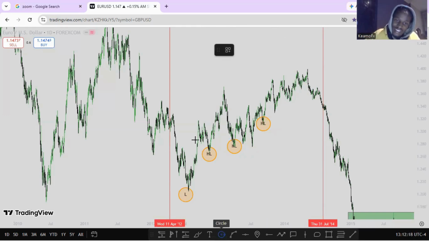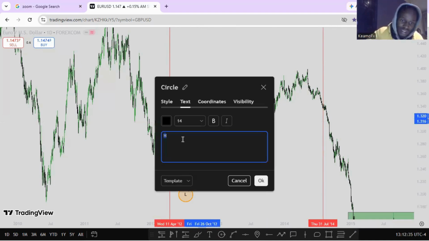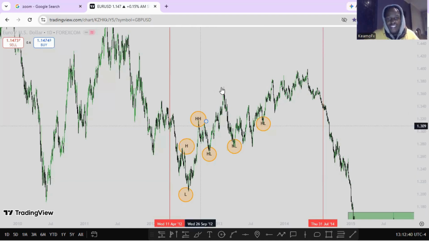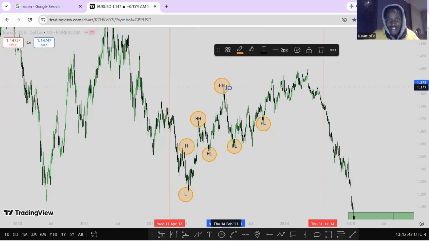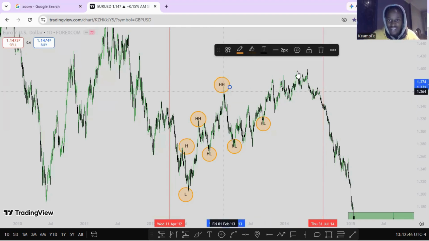Where's the higher highs? So here's the high, marking it as H, right? Where's the next high that's higher than the current one that we are viewing? It's right here. And then we're going to label this one as higher high. Okay. Where's the next one? Higher high. Where is the next one? There we go.